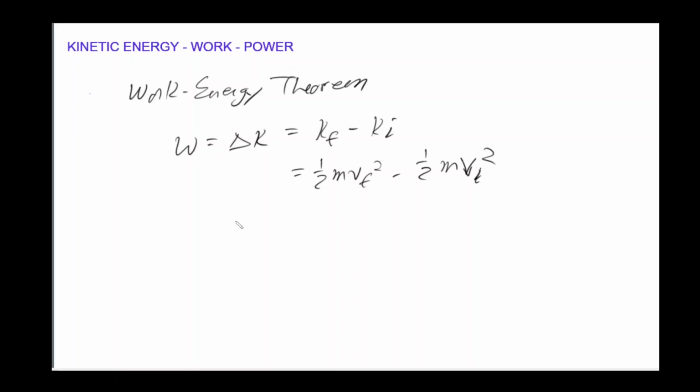We also can then say that the final kinetic energy is equal to the work done on an object plus its initial kinetic energy. So if its initial kinetic energy is 0 because it's at rest, then the final kinetic energy would be equal to the work done on it.